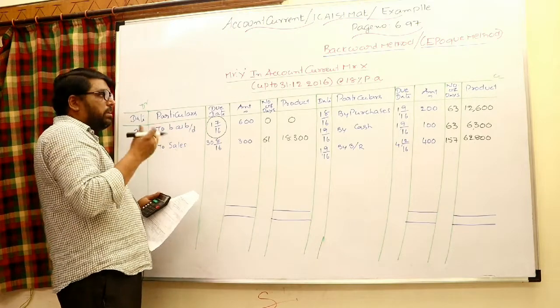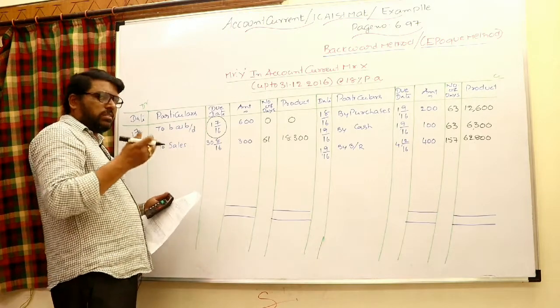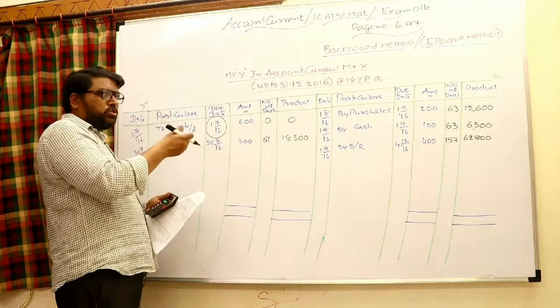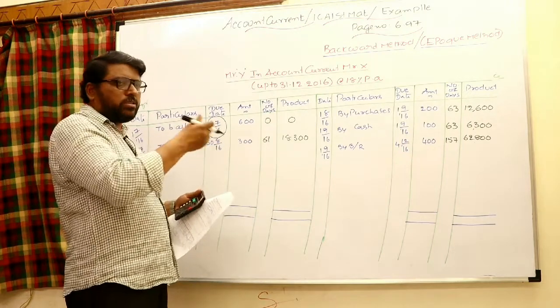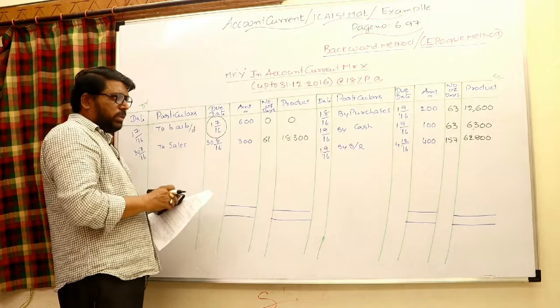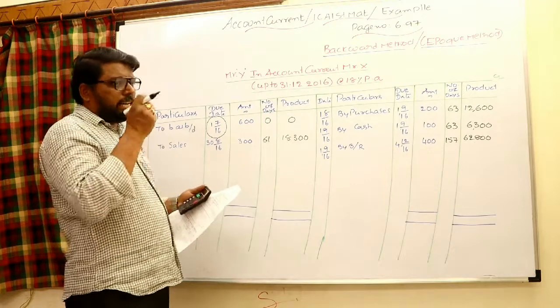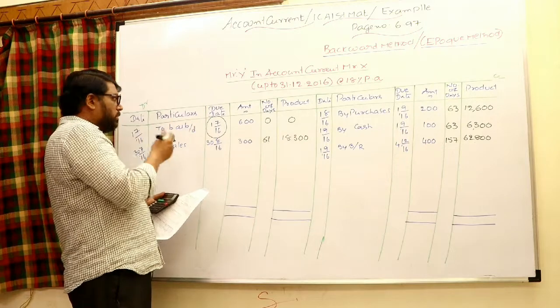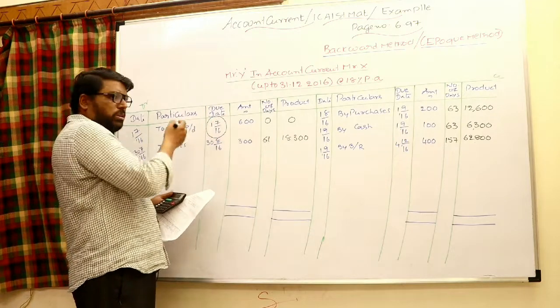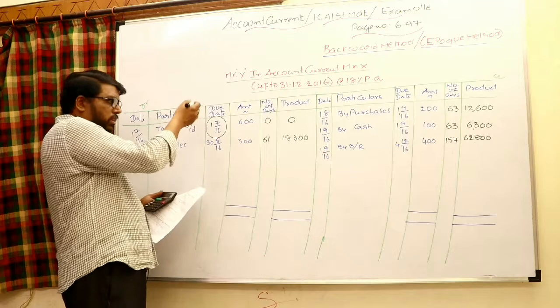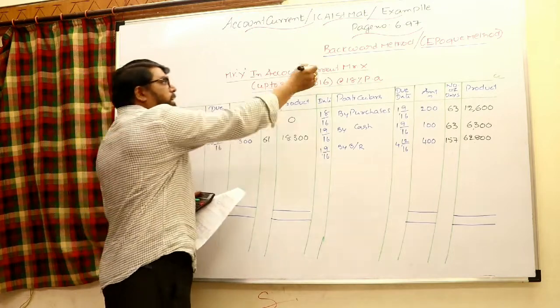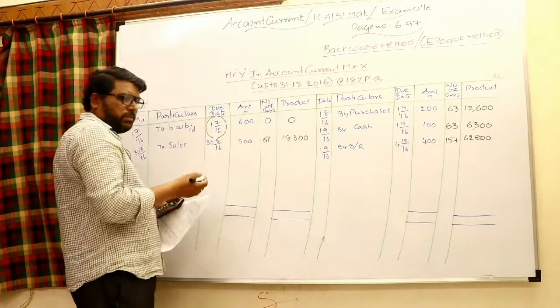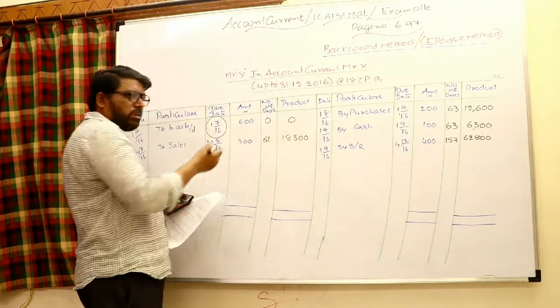Another point is, because you are going to calculate every transaction till the opening balance due date, that balance due date also should be considered. Second, another significant point: in the forward method, for the opening balance we take the complete number of days, so a big product will be there.